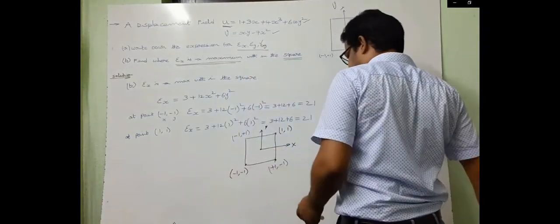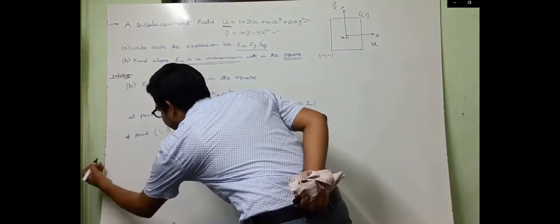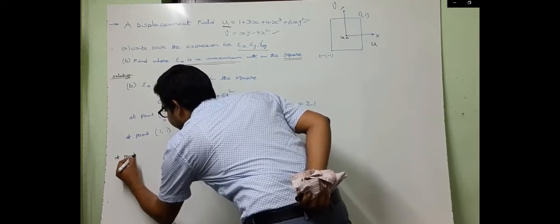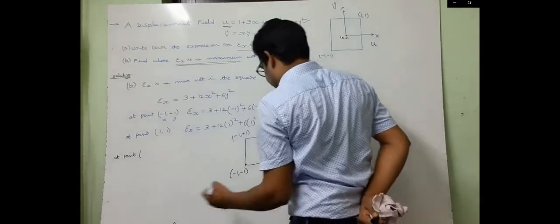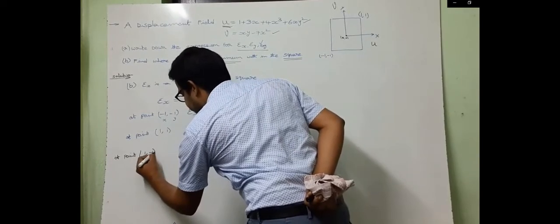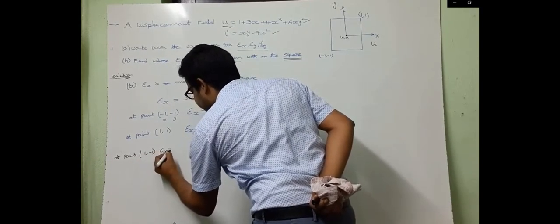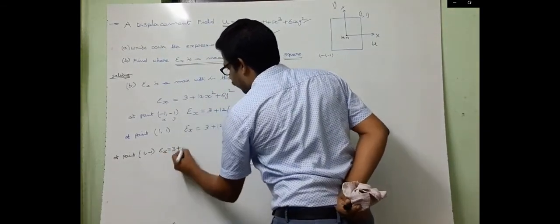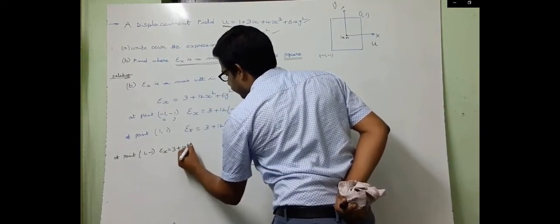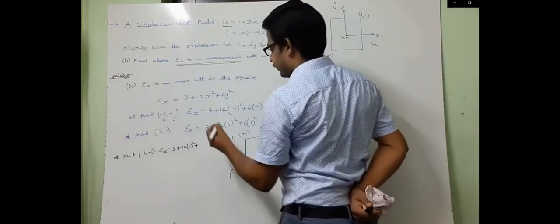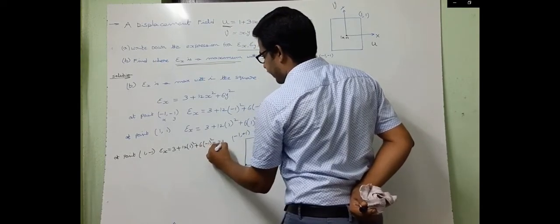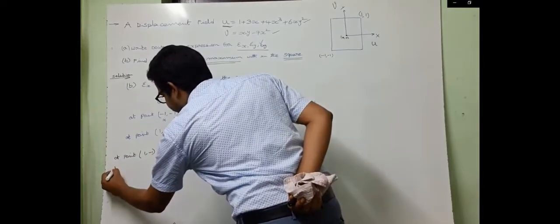At point 1 comma minus 1, epsilon x is equal to 3 plus 12 into 1 whole square plus 6 into minus 1 whole square, that equals 21.